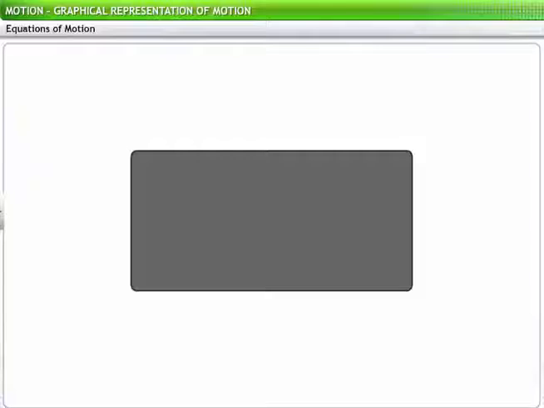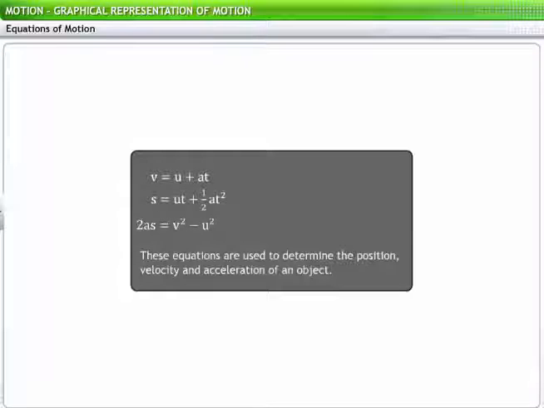There are three equations of motion: v = u + at, s = ut + (1/2)at², and 2as = v² - u². These equations are used to determine the position, velocity, and acceleration of an object. We can derive these equations graphically.